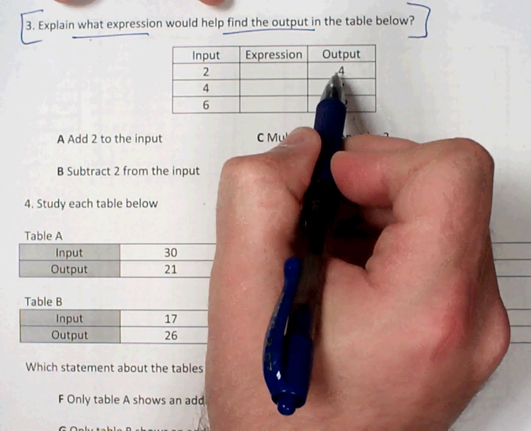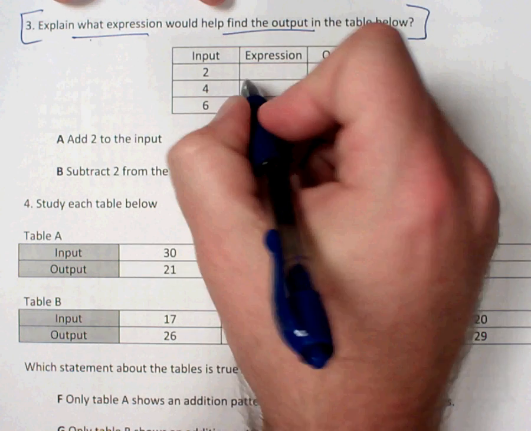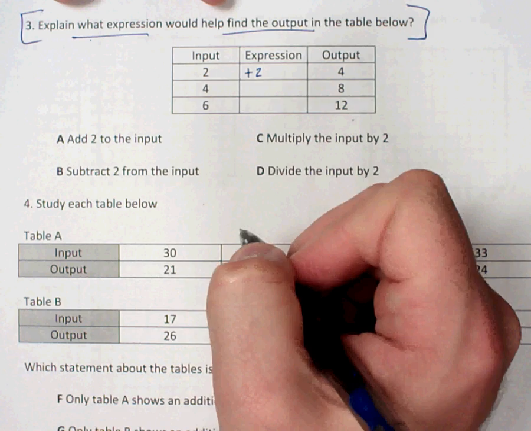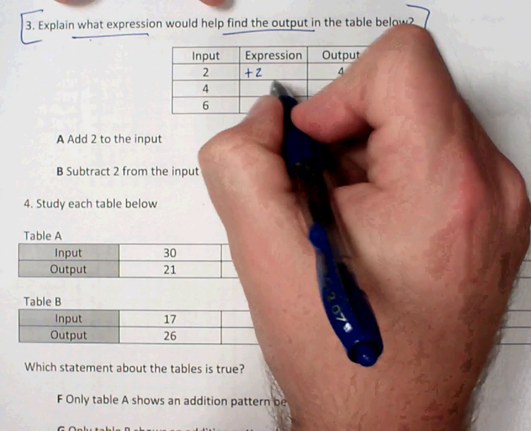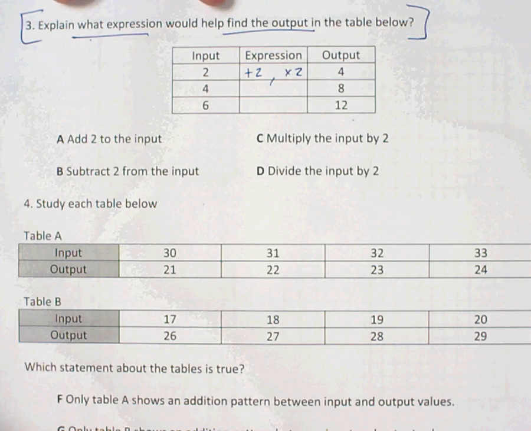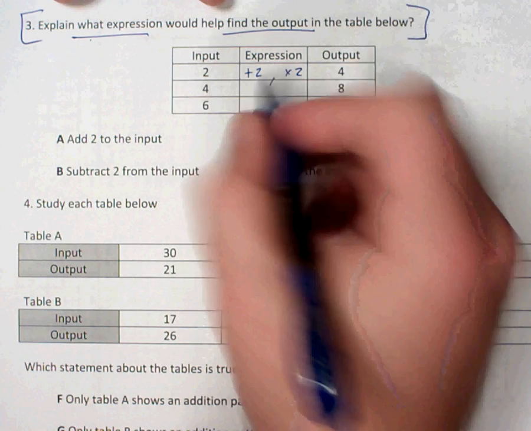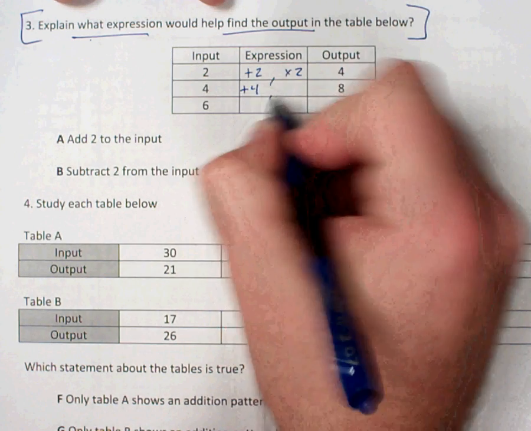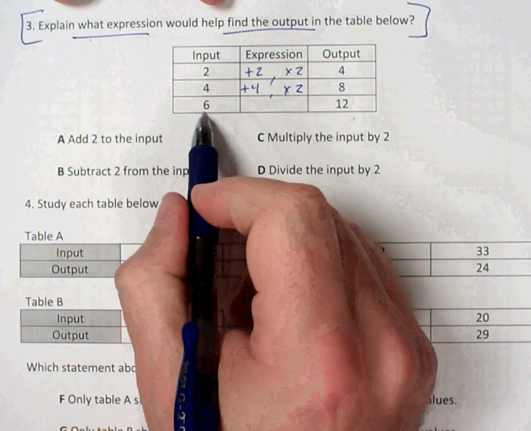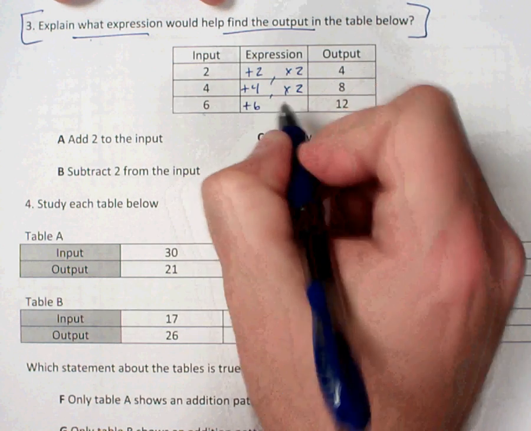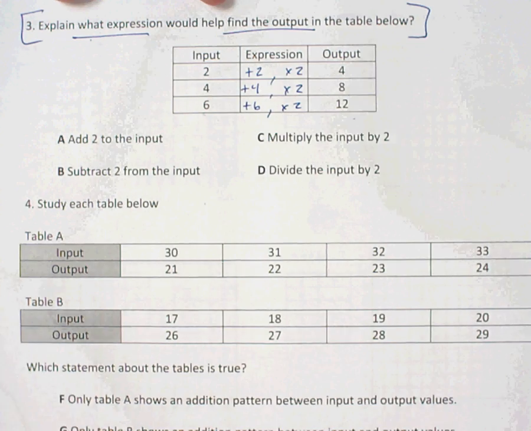So to get from 2 to 4, there's a couple of operations that can get us there. We could either add 2, 2 plus 2 is 4, or we can multiply by 2. To get from 4 to 8, we would either add 4, or we would multiply by 2. To get from 6 to 12, we would either add 6 or multiply by 2.